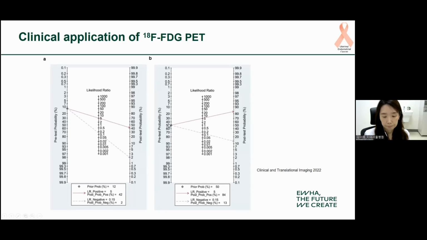And at a pretest probability of 50%, a positive result for uterine sarcomas increased the post-test probability to 84%. So this data suggests the very important, useful role of FDG PET/CT in differentiating between uterine sarcomas and leiomyomas.